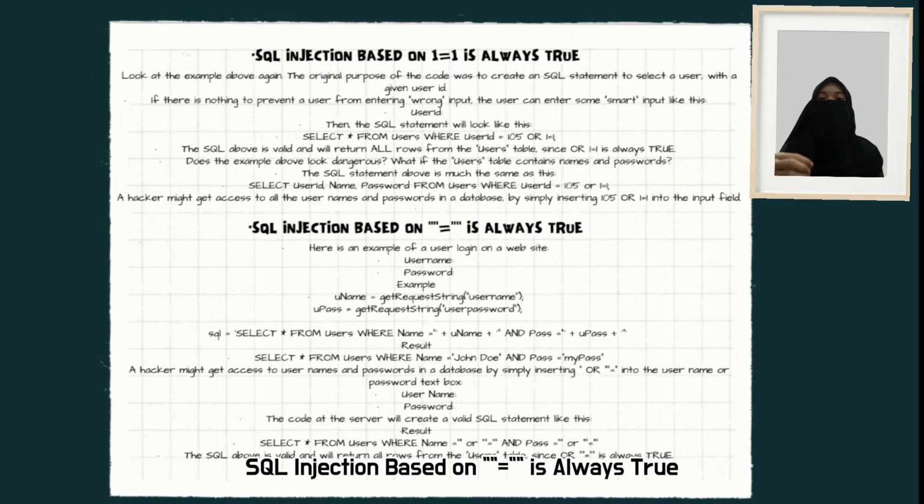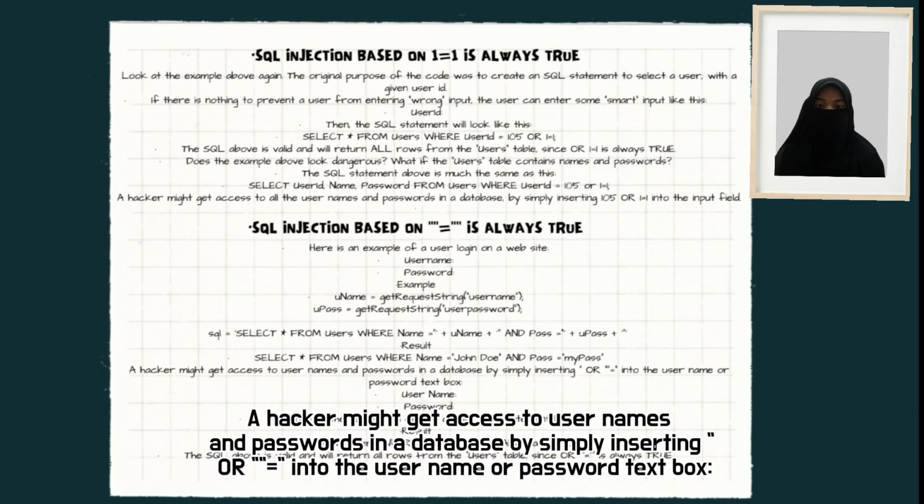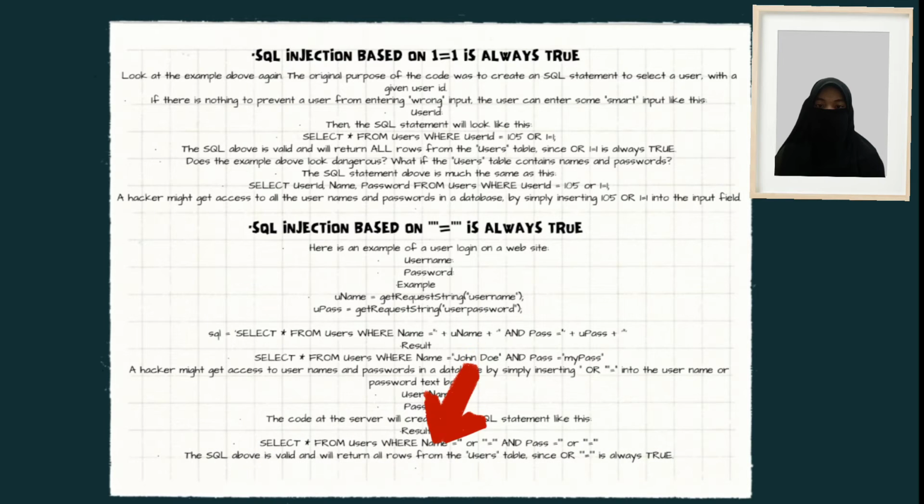Number 2, SQL injection based on ""="" is always true. Here is an example of a user login on a website. A hacker might get access to usernames and passwords in a database by simply inserting " or ""=" into the username or password text box.